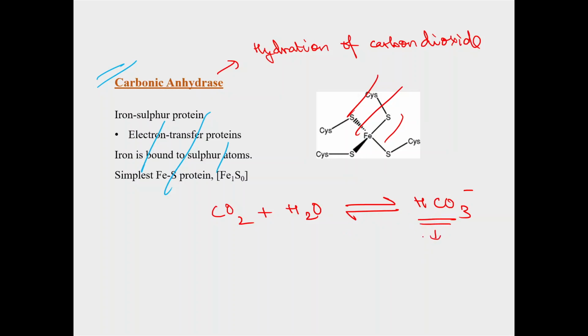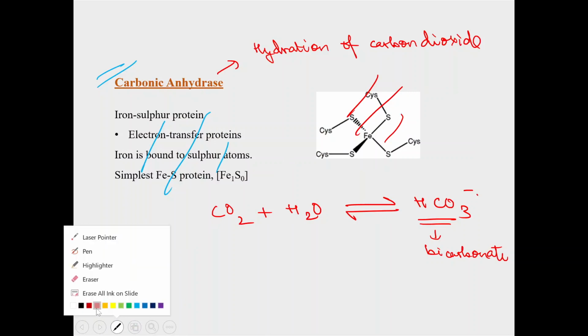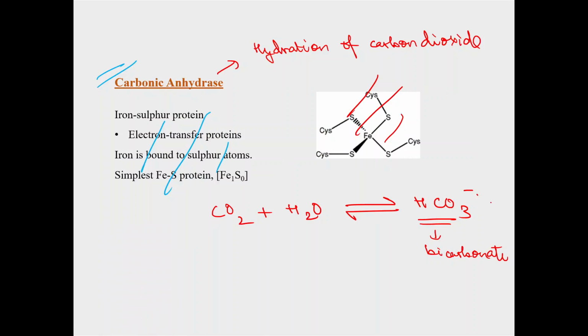So here we can see that from CO2 plus H2O, it can give HCO3 minus plus H plus, and again from HCO3 minus plus H plus, it can give back this.